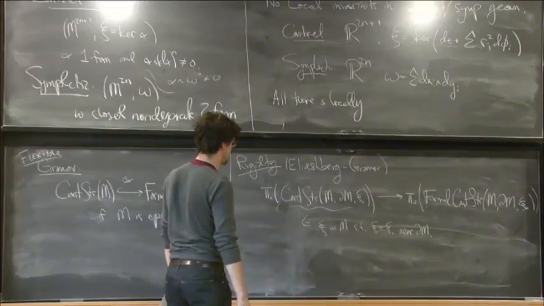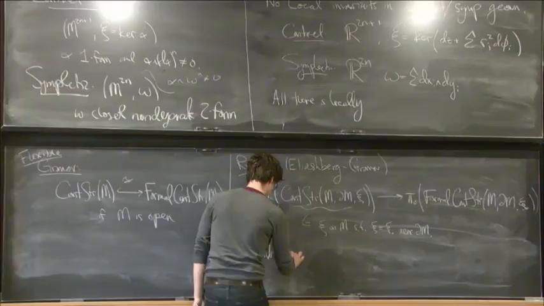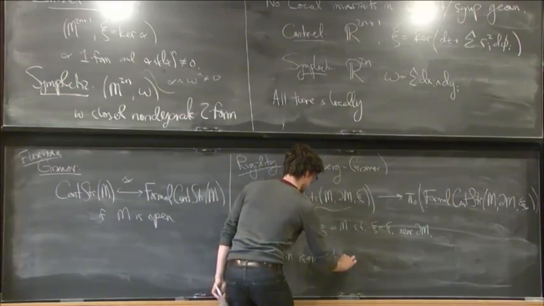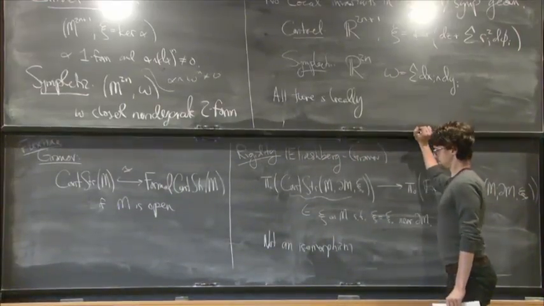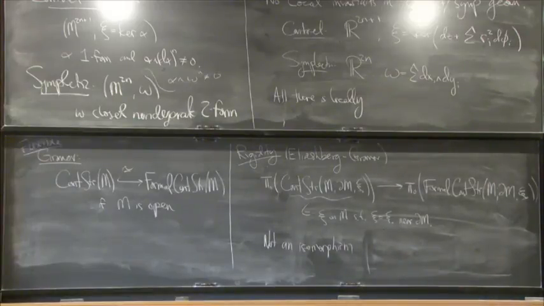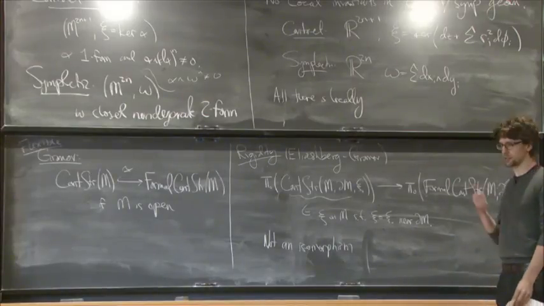And so the rigidity result is that this is not an isomorphism. You can prove this using the fact that the set of contactomorphisms is C0 closed in the set of diffeomorphisms.